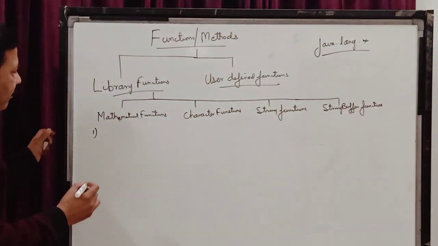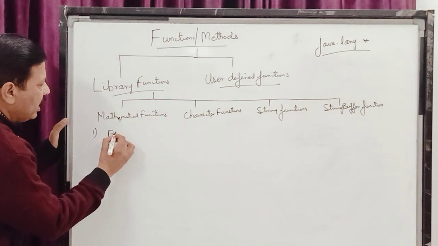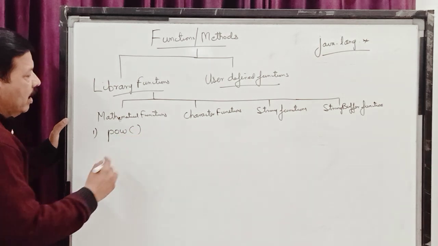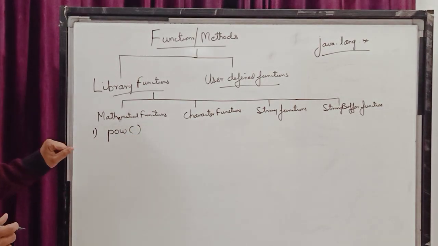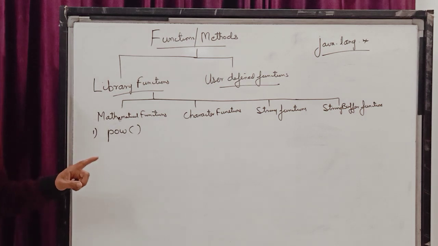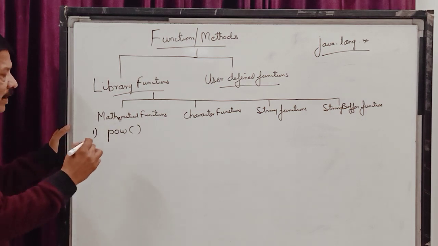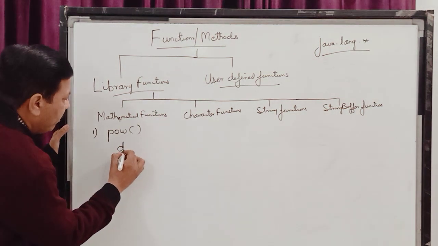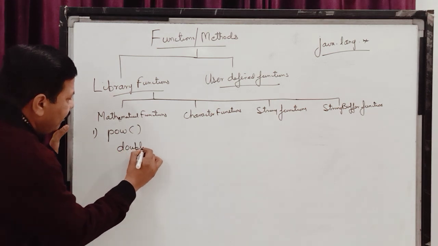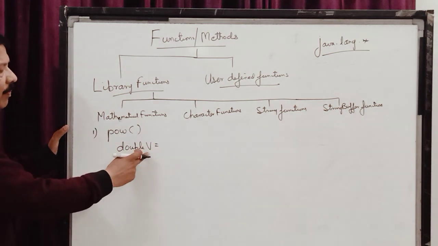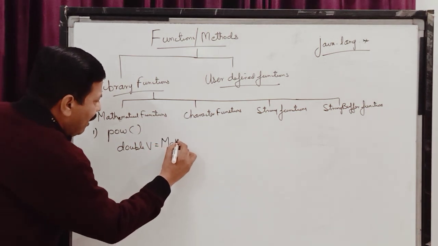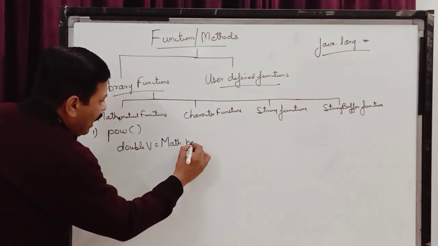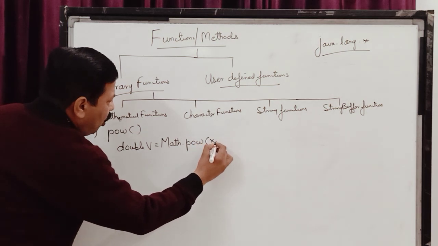So children, the first function which I am going to teach you here is pow. This is the first function under the category of mathematical functions. We are going to write its syntax. Its syntax will be double v = Math.pow(x, y).